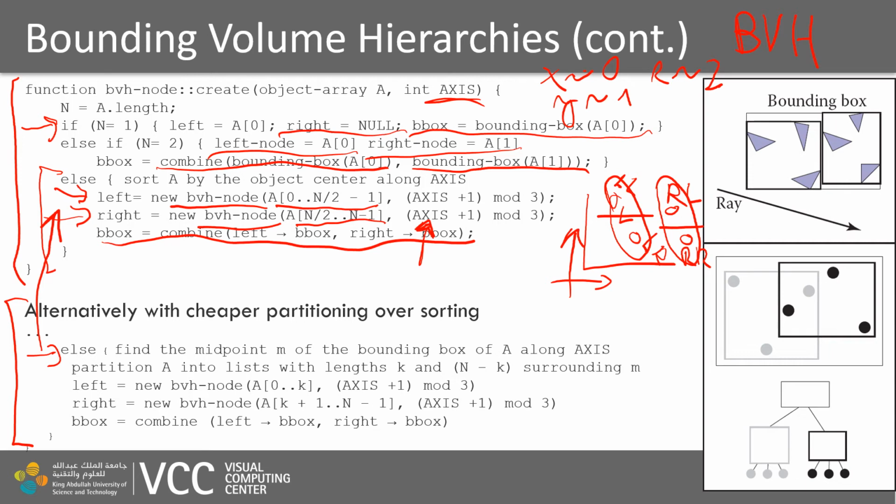So it might be that the objects will be more towards the right side of our midpoint, because there is an outlier on the left which is skewing the average midpoint calculation, and that's how we will get a less balanced tree, which will then probably be less effective for the ray traversal during the rendering. But the generation of this tree will likely be cheaper with this partitioning.